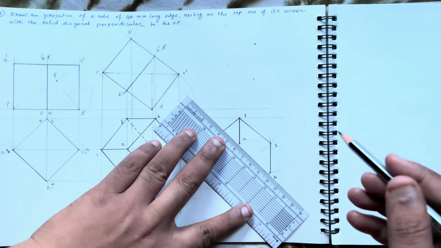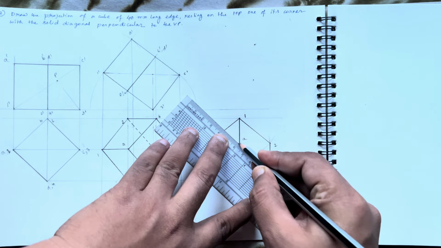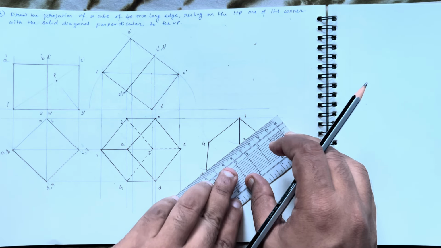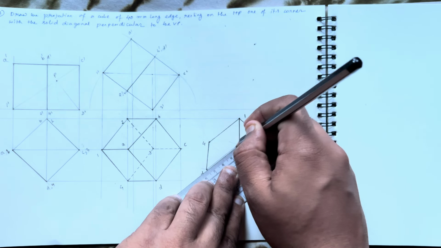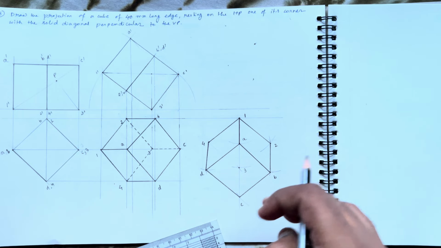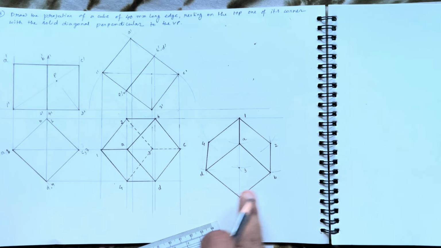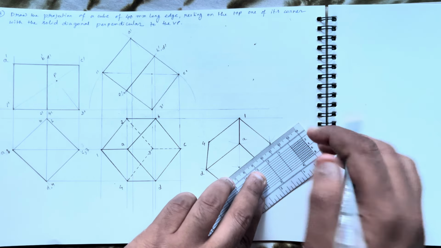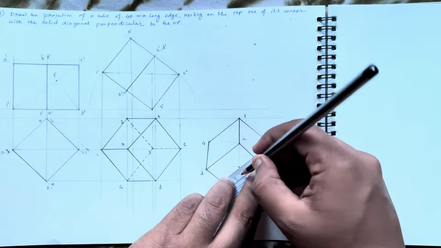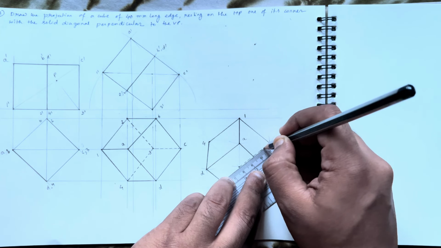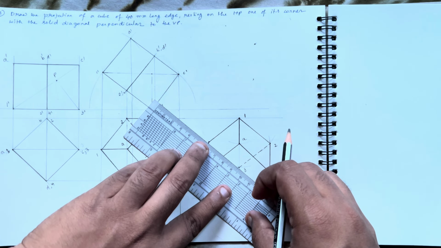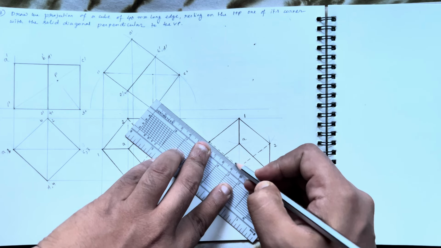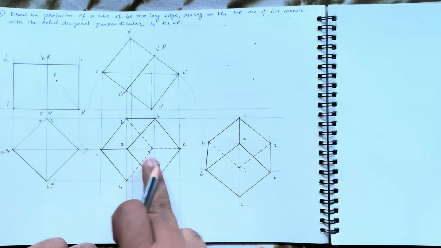A to D is dark. 2 to 3 is a dash line. And 4 to 3 is also a dash line, and 3 to C is also a dash line.